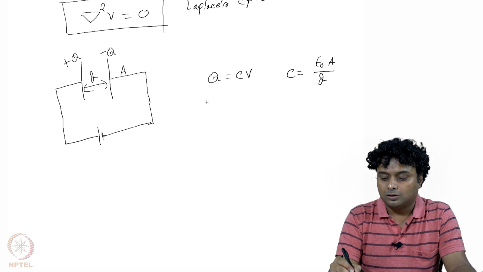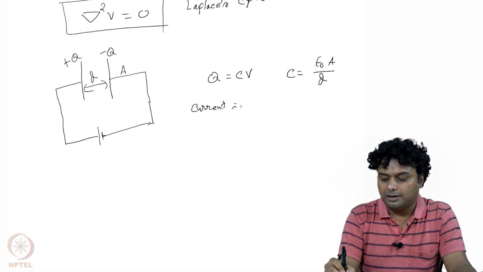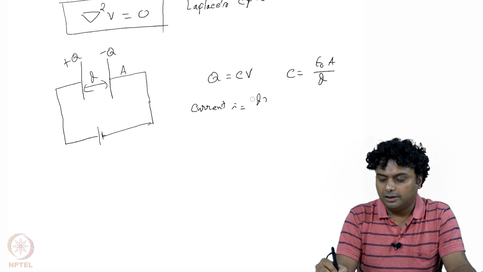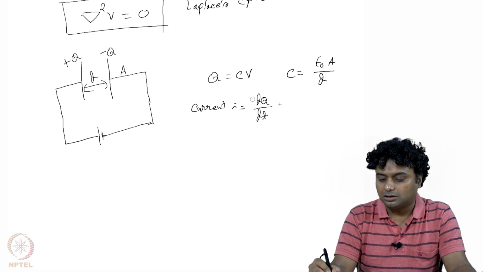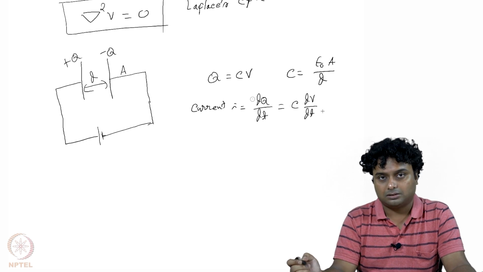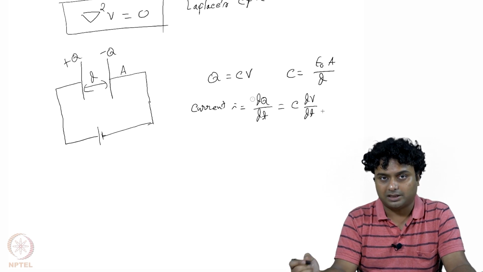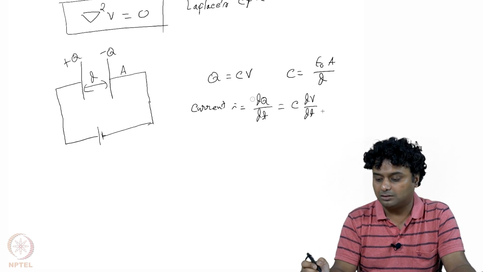Now if this is Q, then what is the current? Current I equals dq dt, right, the time derivative of the charge stored or charge flown, and then we have C into dV dt, because C, the capacitance, is constant and is based on the geometry and the material of the parallel plate system.